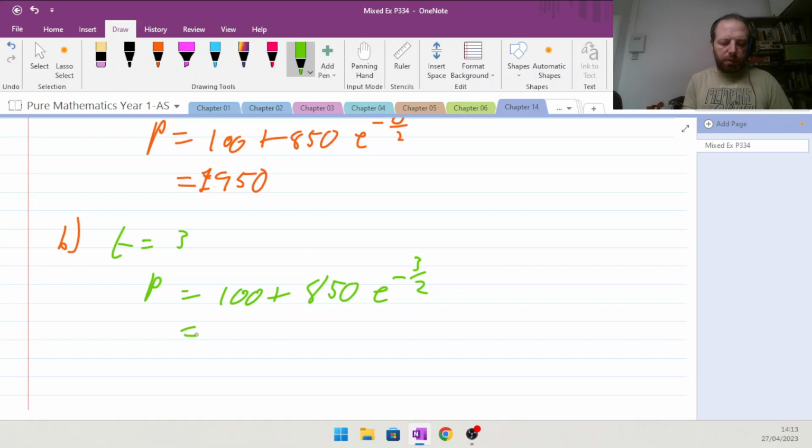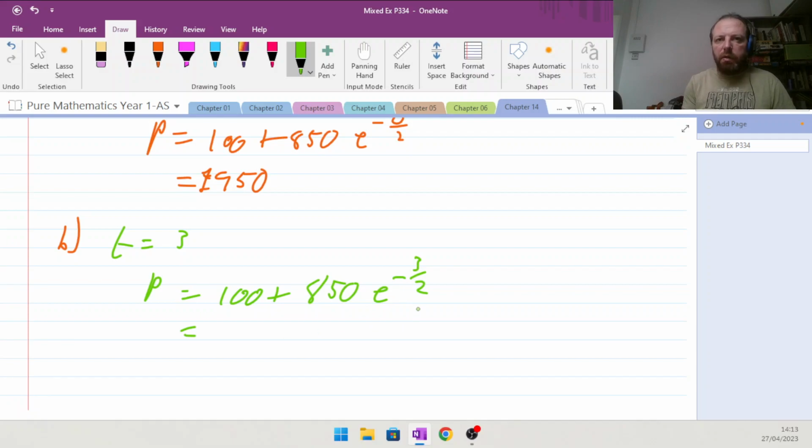So e to the minus 3 over 2 comes out as 0.223.